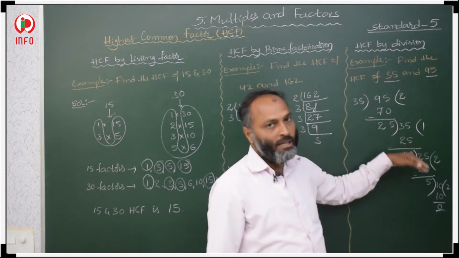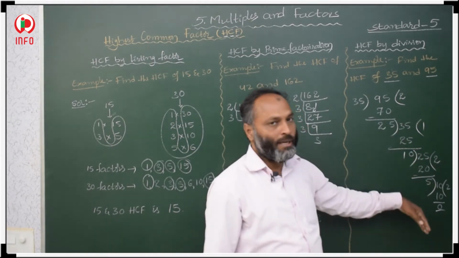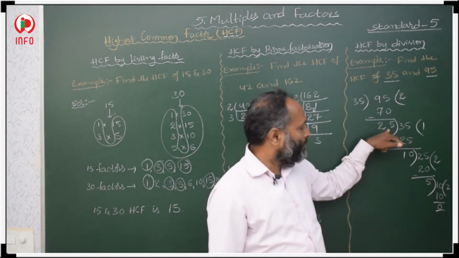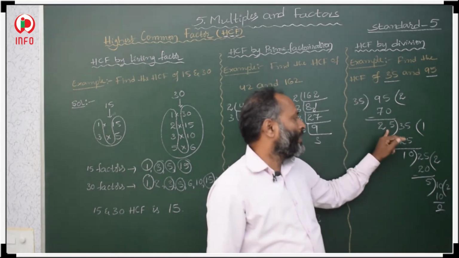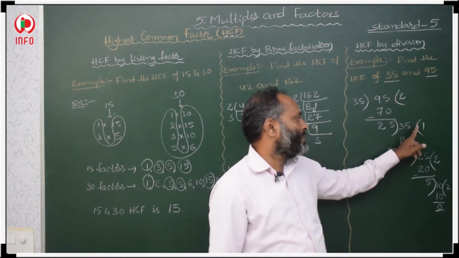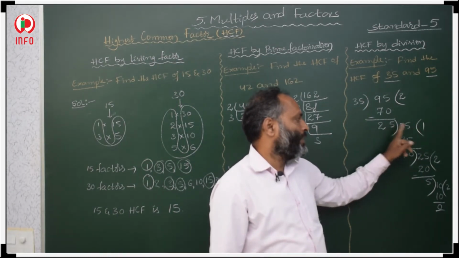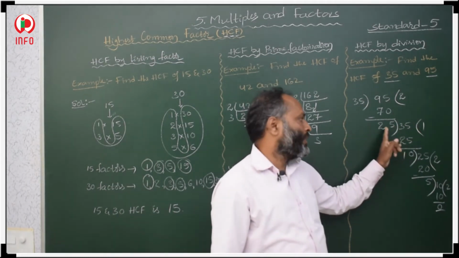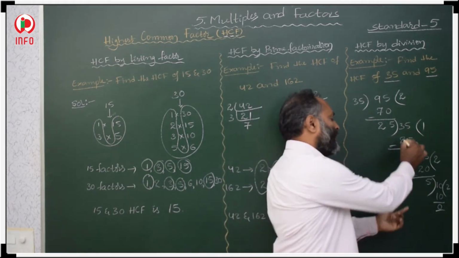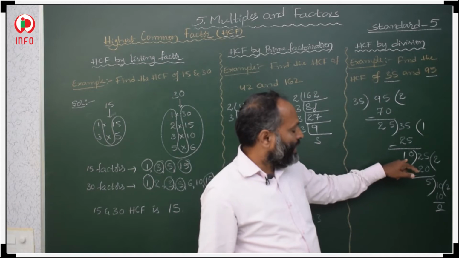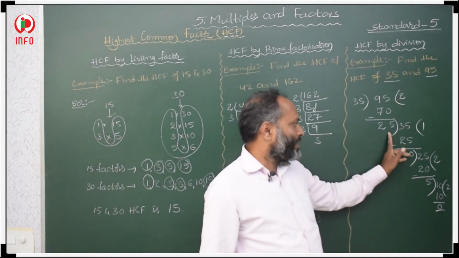So in each and every step, we have to follow the same pattern. First step remainder, first step divisor. 25 divides 35. 25 ones are 25. Why? Because 25 twos are 50, that is greater, so we go for 25 ones are 25 and minus it. Then the answer is 10. Then in the second step, remainder and second divisor.